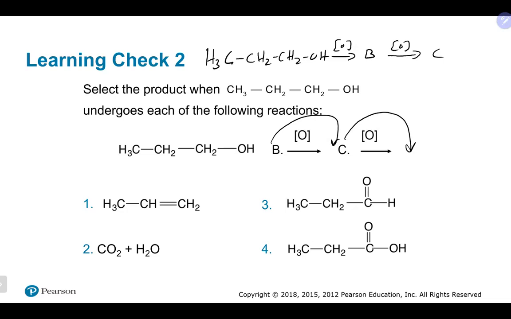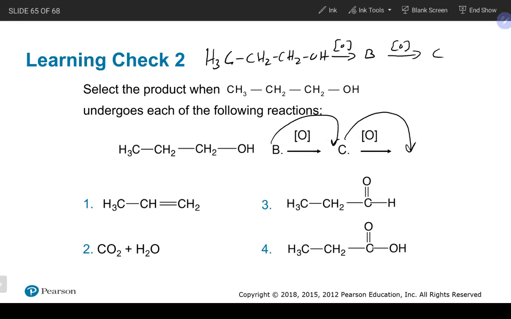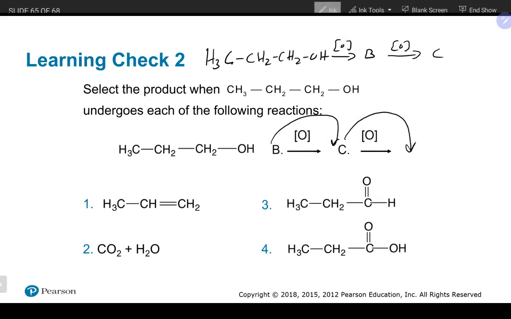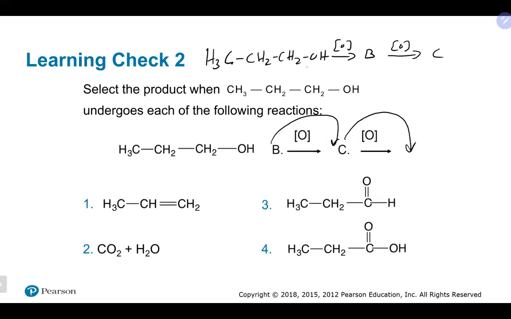So once again, I mentioned it's an alcohol. What type of alcohol are we starting with here? Primary, secondary, tertiary? Primary. So by the way, when I oxidize a primary alcohol, I get, starts with an A, an aldehyde, that's good. And if I oxidize the aldehyde, I get, starts with a C, carboxylic acid.